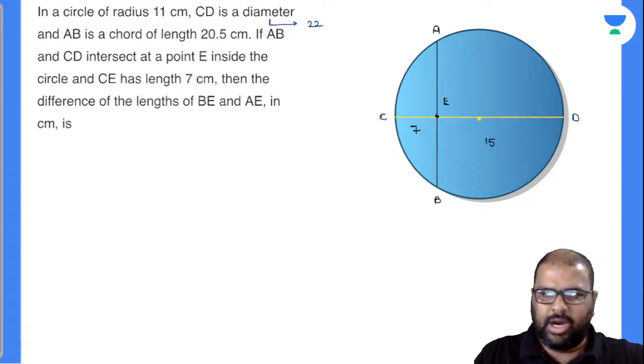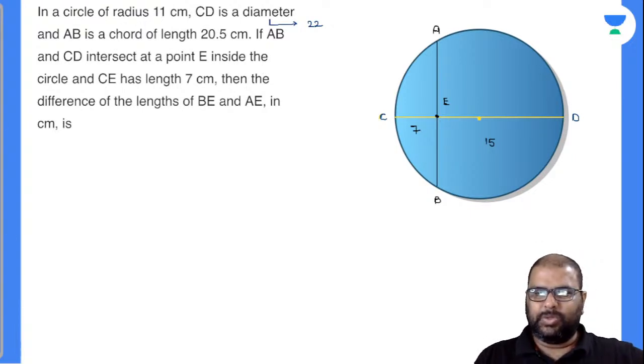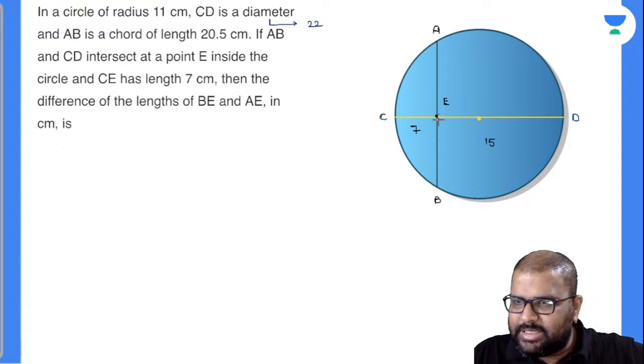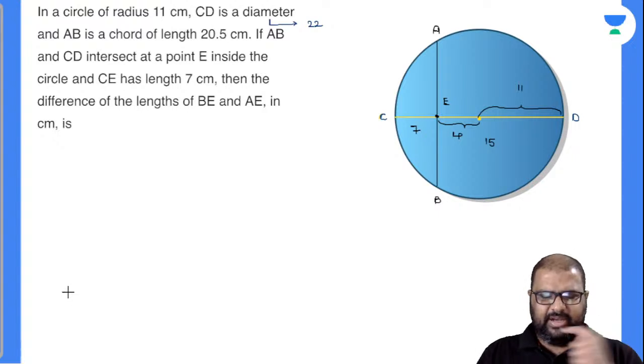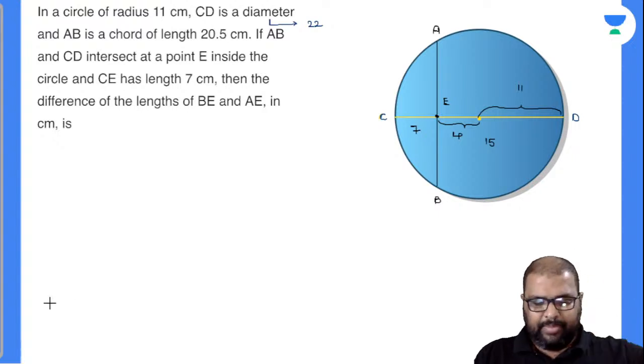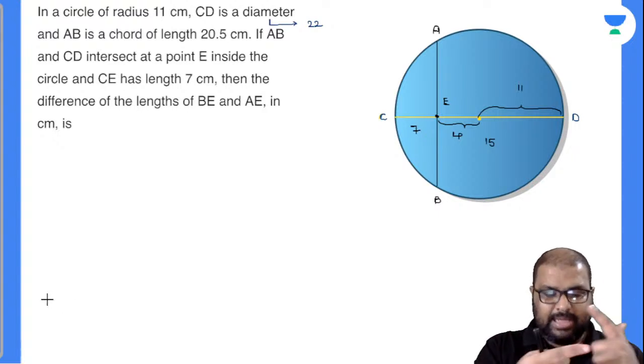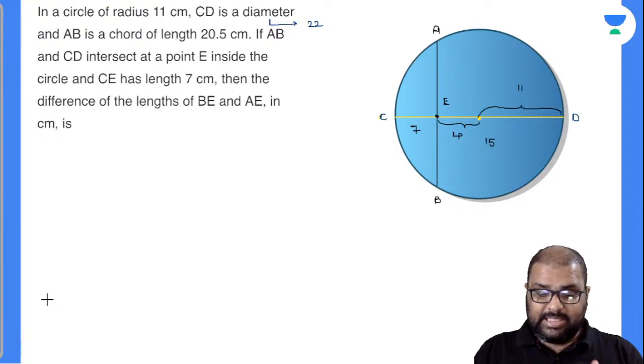Okay, fine. Now how to solve this? I can write this length very easily, because you know this is the radius. This is 11 and this will be 4. So finding this will not be helpful in any way. I know one property. AB and CD I can take as secants because they touch the circle at 2 points.